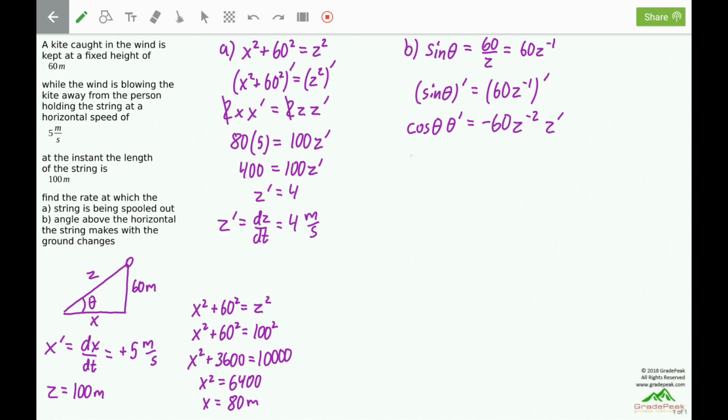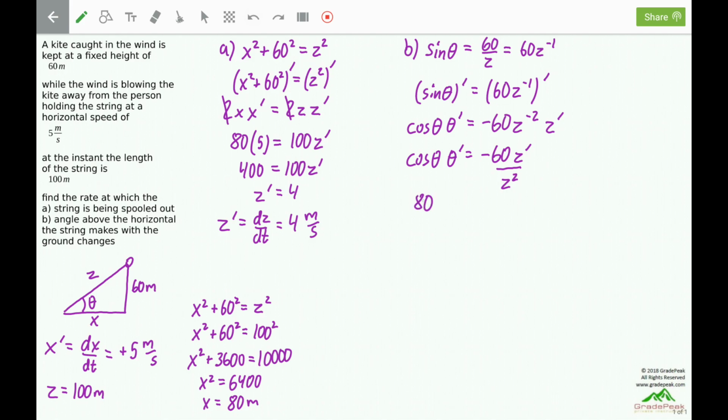We will want to rewrite that right side. So cosine of theta, theta prime equals negative 60 will stay in the numerator. Z prime will stay in the numerator, but that z to the negative 2 will move to the denominator as z to the positive 2. We can now plug our numbers in. Cosine of theta is equal to the adjacent side, which is the length of x, that's 80, over the hypotenuse, the z, and that's 100.